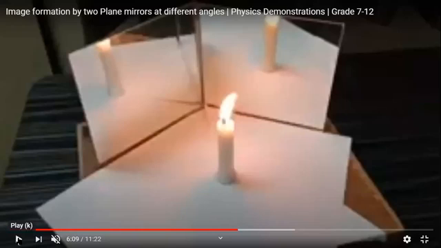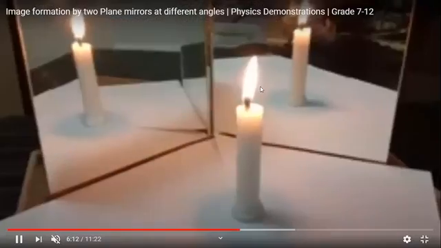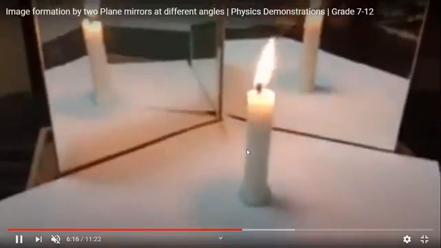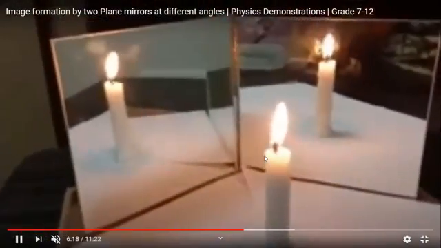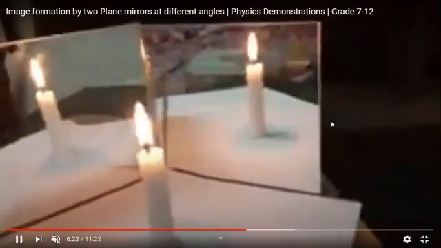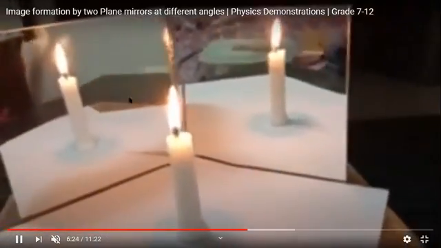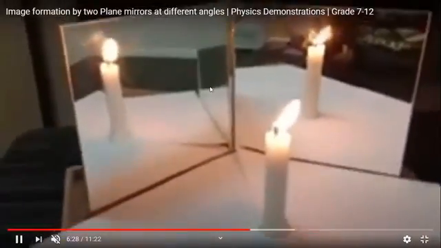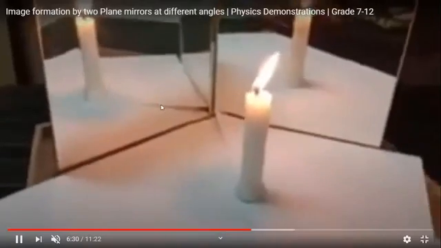So students, here two images were formed when one candle was placed, one object was placed. Now let us bring the camera closer. Just see, can you see anything behind here? Any other image is visible? See, no other image is placed.